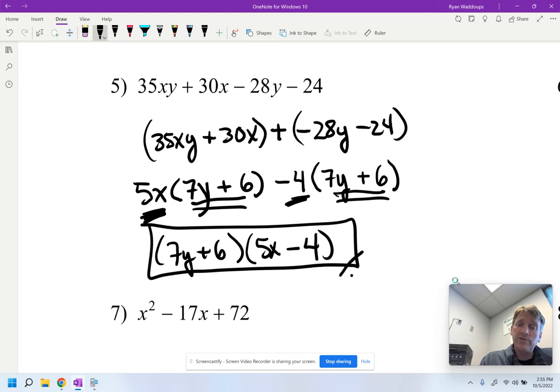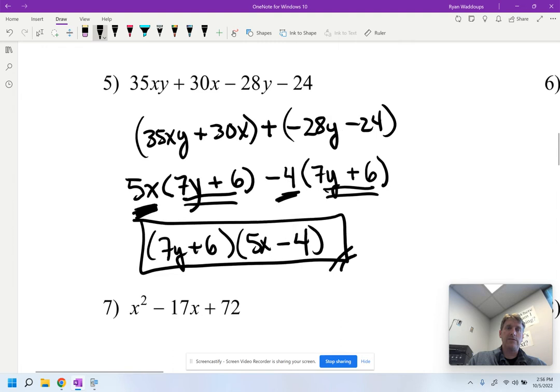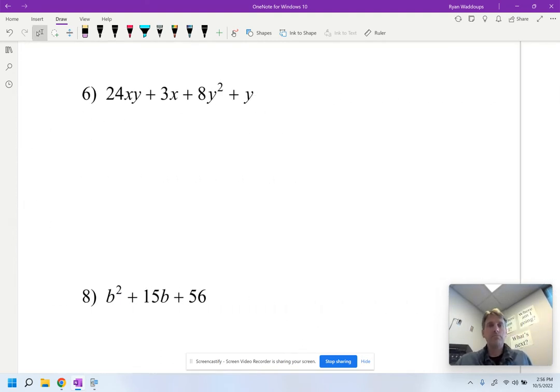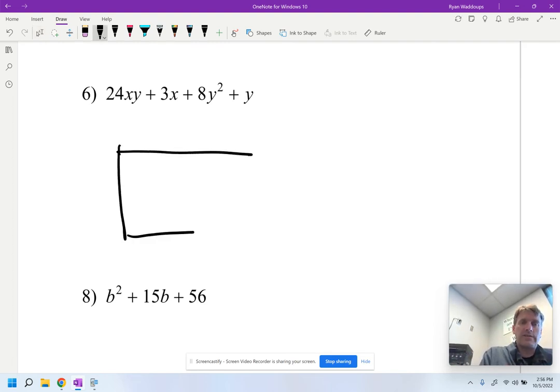And if you prefer to use the box to do that, you should have gotten the same answer. So check that against what I've got here. Number 6. So for number 6, I'm going to go back to the box. I like the box. It's a nice way of organizing it.